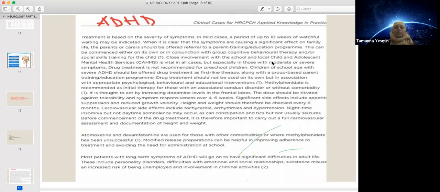We have to remember that it increases dopamine acting on the frontal lobe and it suppresses the seizure. There are other drugs like atomoxetine, dexamphetamine. They're also used. Sometimes we use modified release preparations. So these are the drug treatments for ADHD.